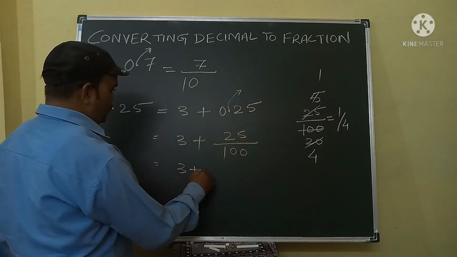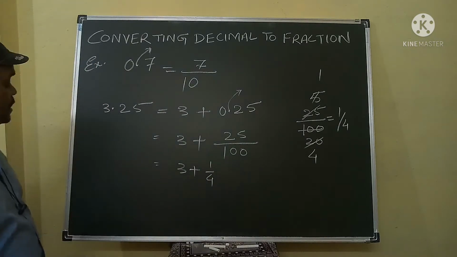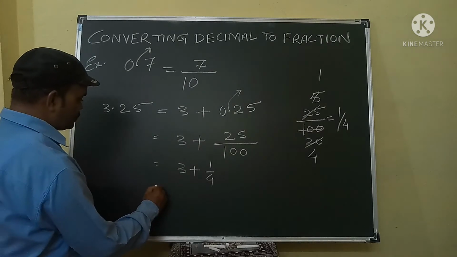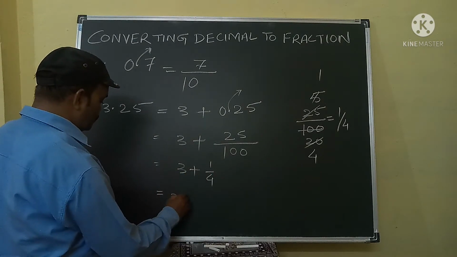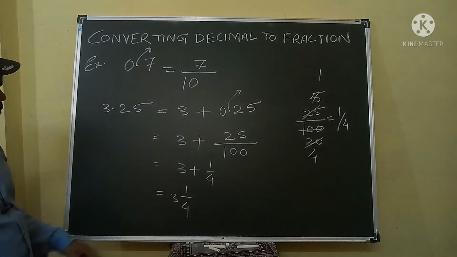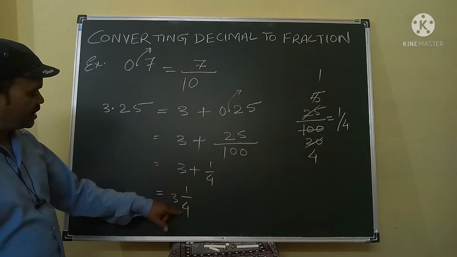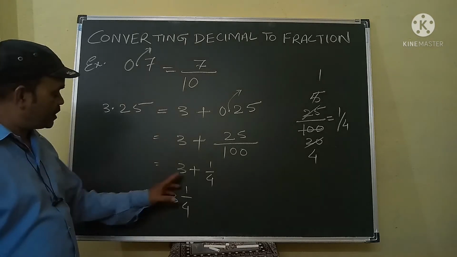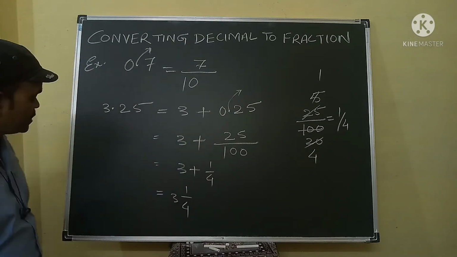So 3 plus 1 upon 4. Then we can write 3 plus 1 upon 4 is equal to 3 and 1 upon 4. This is the mixed fraction we have already discussed, and we will convert the mixed fraction to an improper fraction.